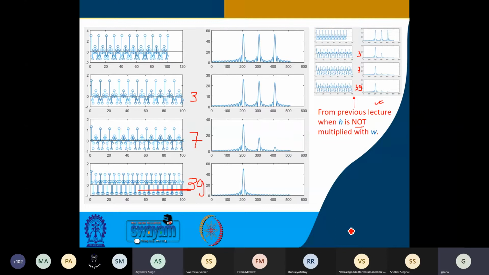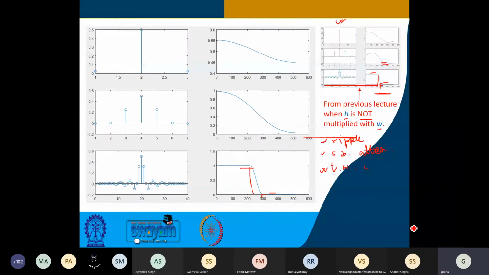Okay, so can someone else relate it to whatever Sridhar was mentioning about a few things: ripple, stop band attenuation, transition width?